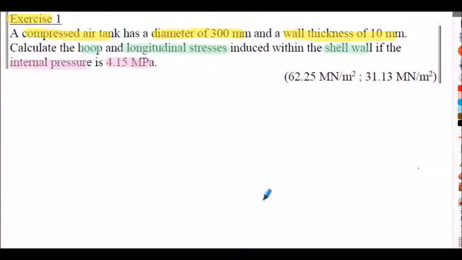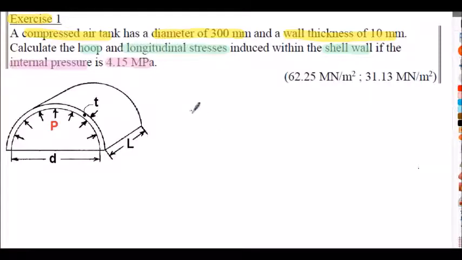So we've got to be careful here. We've got the dimensions given in millimeters, and the internal pressure given in megapascals, meganewtons per meter squared. I notice that the answer is in terms of meganewtons per meter squared, so just for the fun of it, I'm going to put all my values in millimeters to show you a contrast between the units.